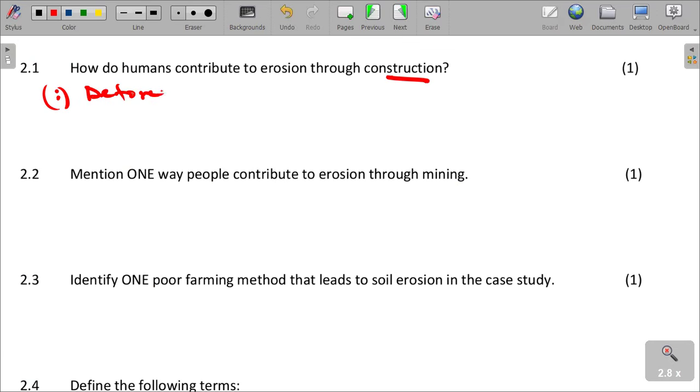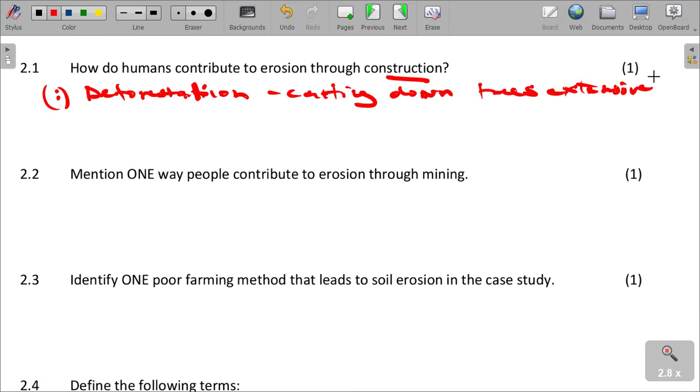Deforestation: we are saying cutting down trees extensively is actually a cause of erosion.